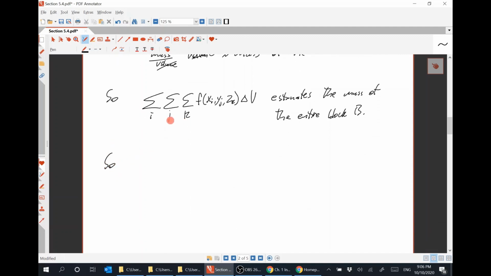And the smaller delta V is, the better the estimation turns out to be.